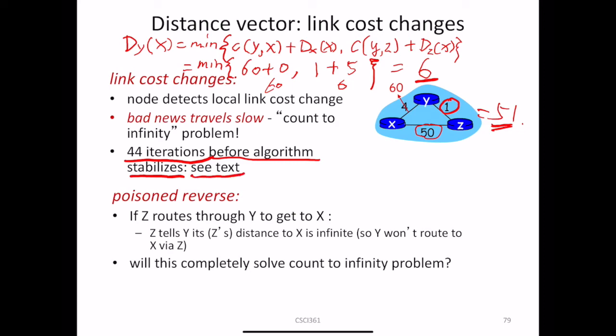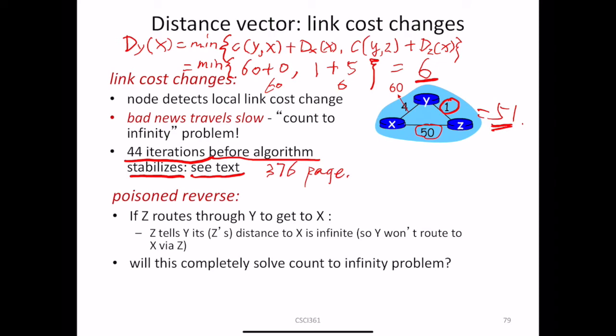This part is on page 376 of the textbook. So you will know the details of this count to infinity problem.